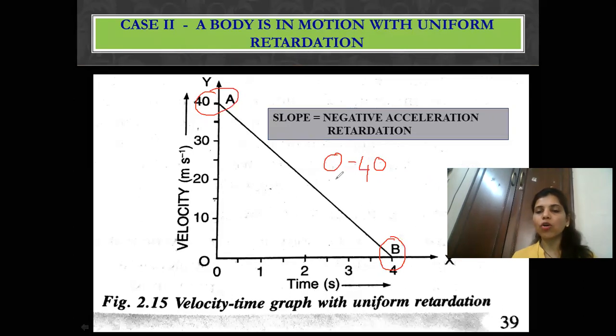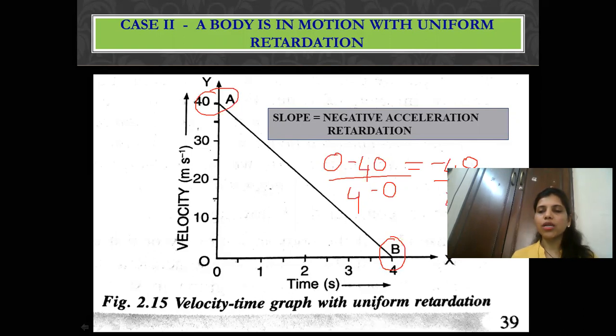So 0 minus 40 upon, now here you can see that initially the time was 0 and finally the time was 4. So 4 minus 0. So now the answer becomes minus 40 upon 4.